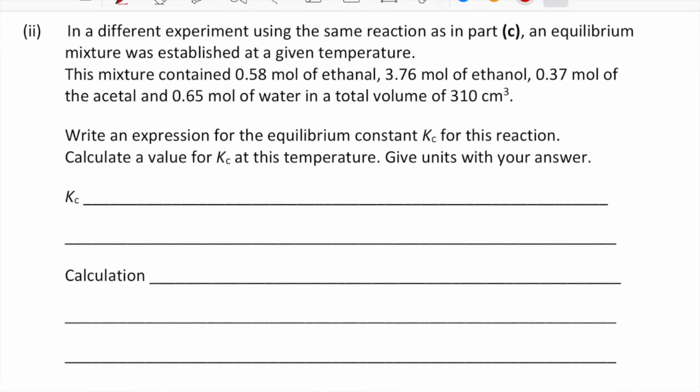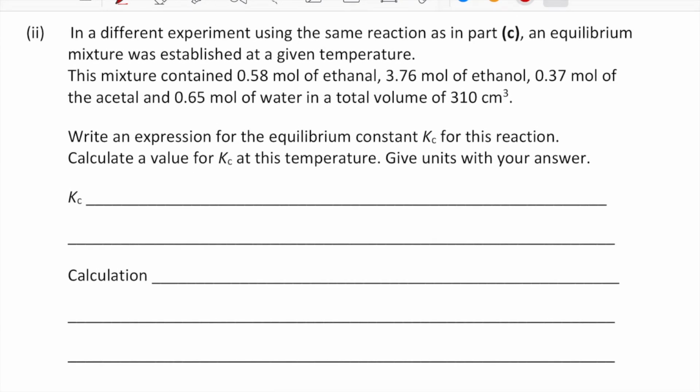So, in a different experiment using the same reaction as in part C, an equilibrium mixture was established at a given temperature. This mixture contained, and then they give us the values that the mixture contains at equilibrium, and they give us a total volume. So one thing to say is that in any question, if they give you a value as a piece of information, you will have to use that value.